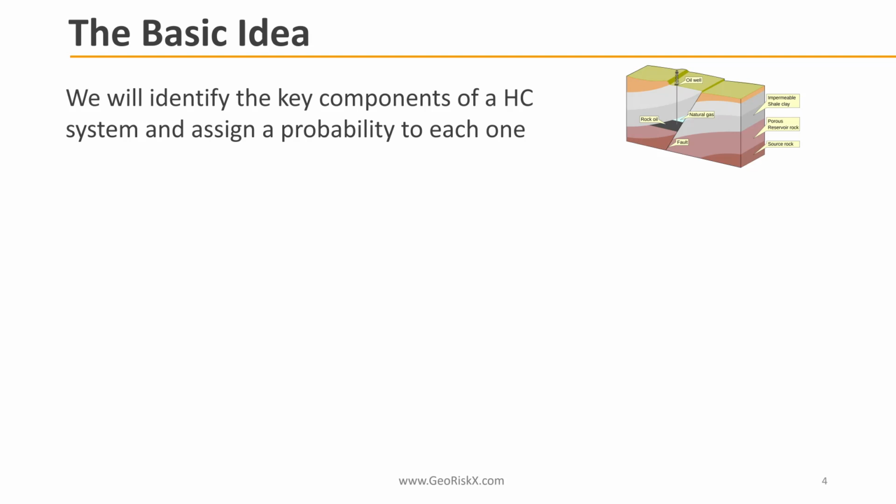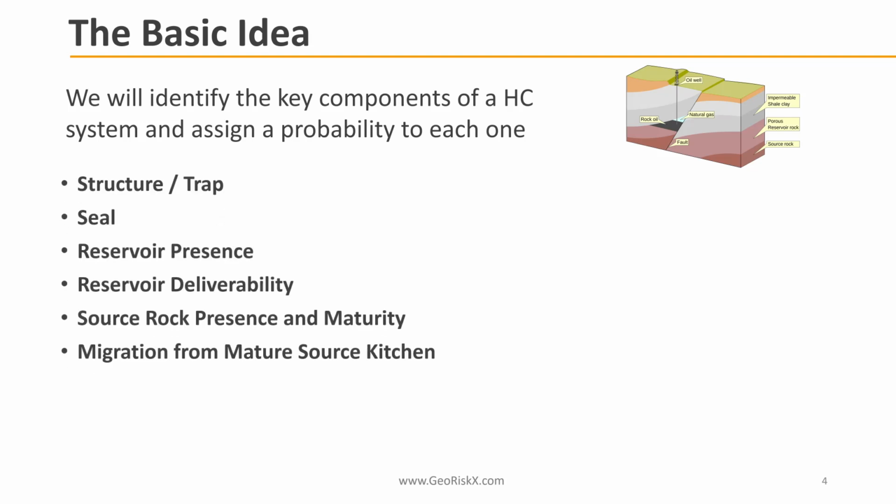So what do we know about the environment of deposition and the presence of reservoir in offset wells? What's the likelihood that it's going to have high quality reservoir capable of flowing oil and gas? What is the source rock, and is that source rock mature? And is there a pathway for hydrocarbons to get out of that source rock and into our reservoir?